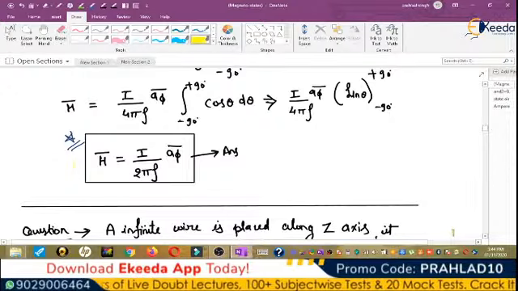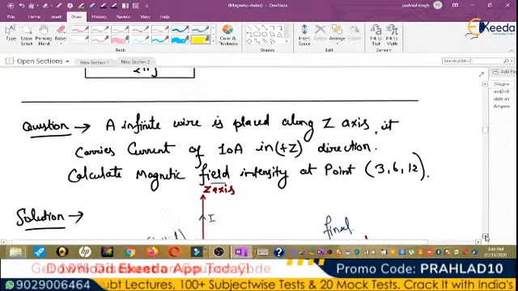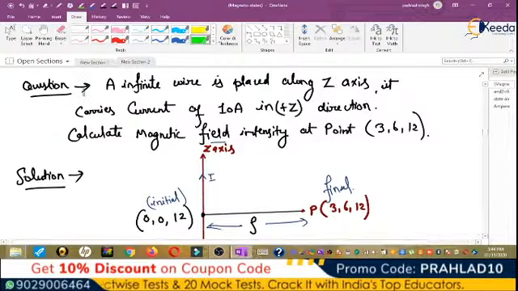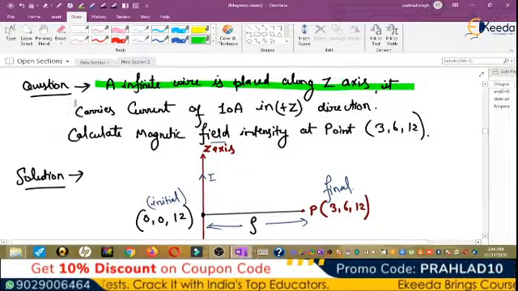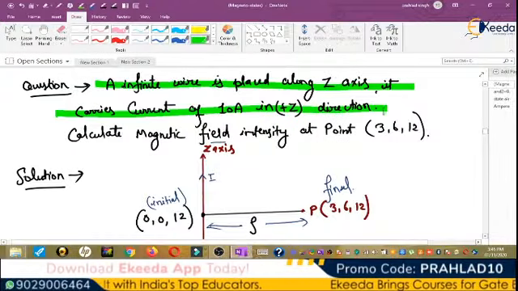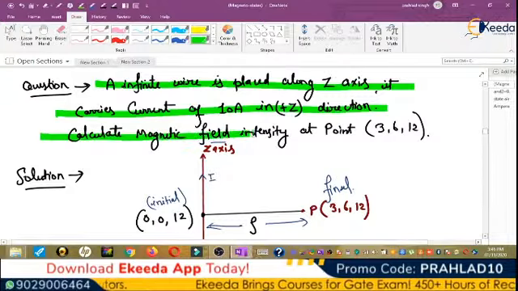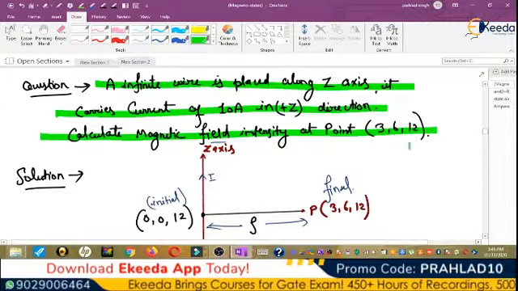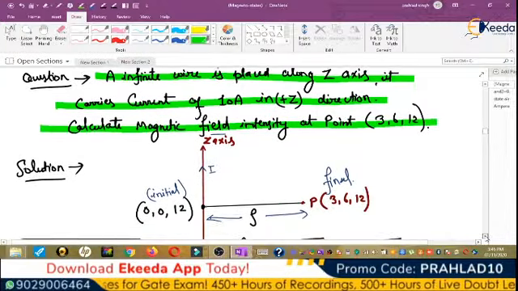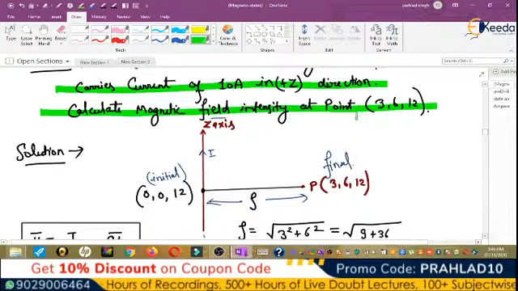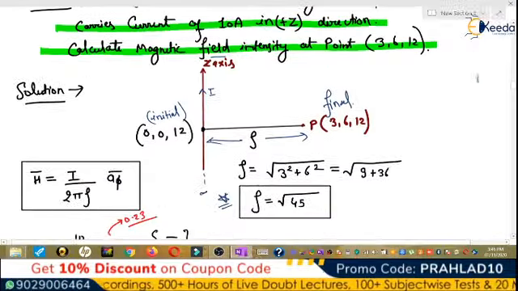Next, an infinite wire is placed along the z-axis, and it carries a current of 10 ampere in the z direction. Calculate the magnetic field intensity at the point 3, 6, 12.